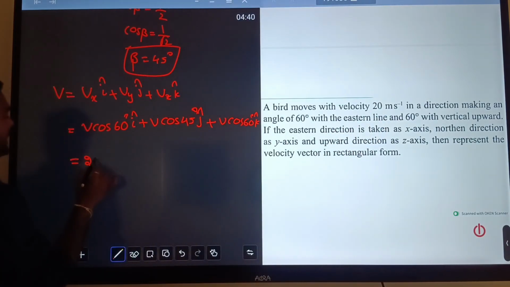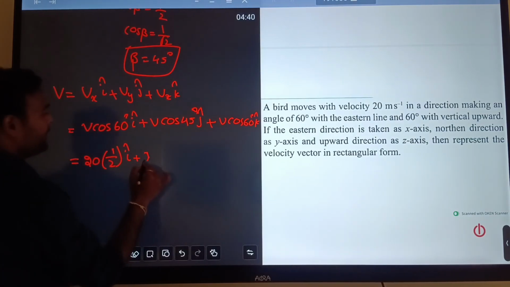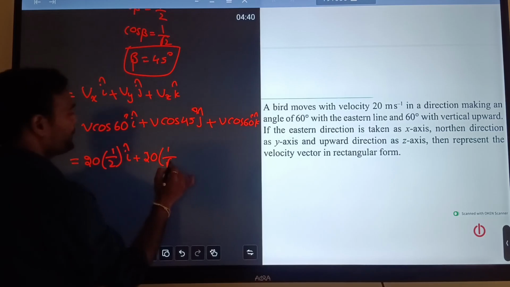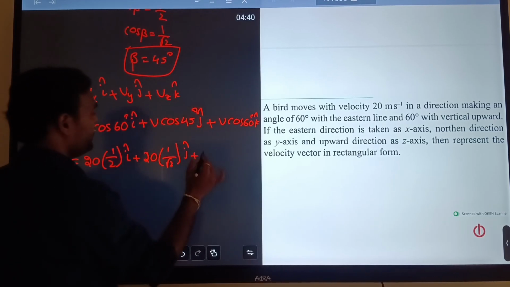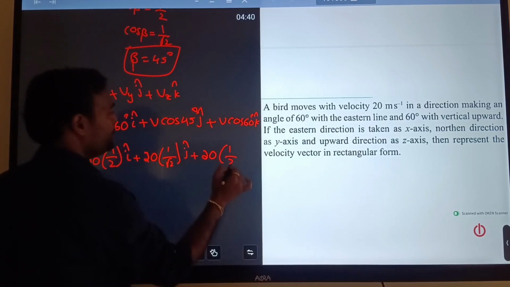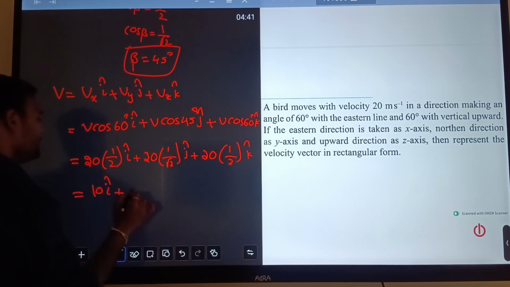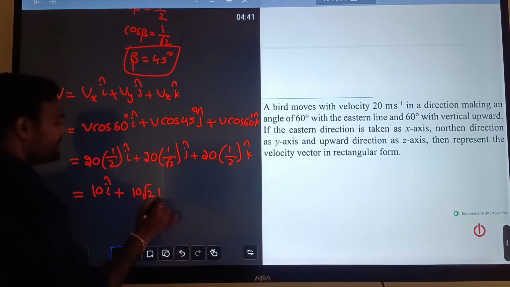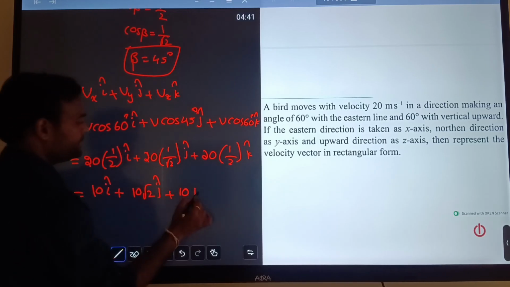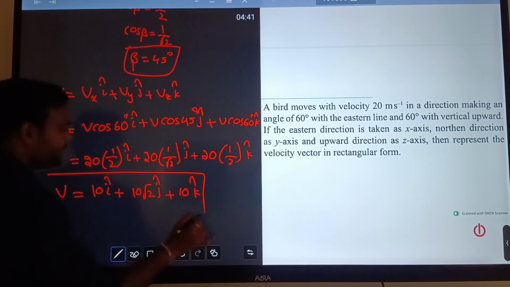So 20 cos 60 is 1 by 2 i plus 20 by root 2 j plus 20 times 1 by 2 k. That means 10 i plus 10 root 2 j plus 10 k. This is the velocity of the bird.